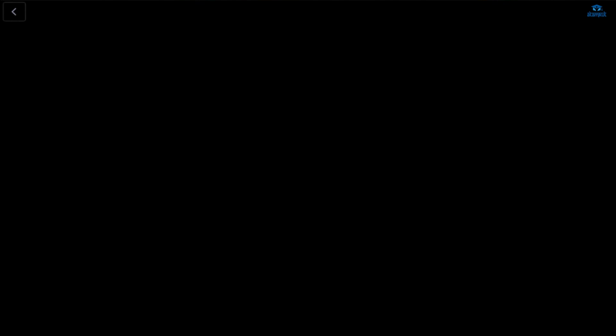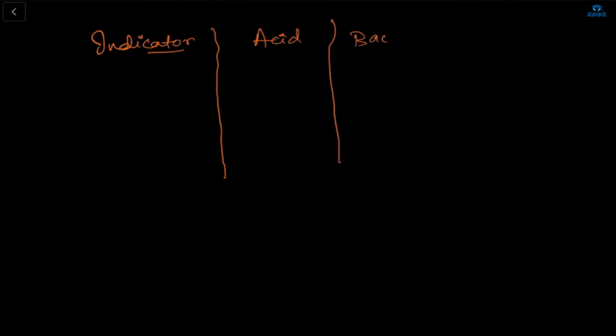Let me write quickly, then you will see. This is the indicator part. This is my acid, let's say, and here is my base. First, the red litmus. Tell me, in the acid part what will happen, and in the basic part what will happen?